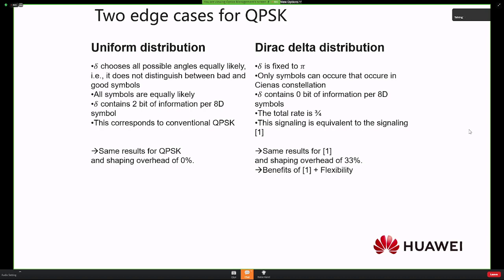What happens if we fix the distribution to the best delta that we can have? That was pi here. Then the scheme collapses again to the polarization balanced dual polarization QPSK case, and we have exactly the same rate as before. Okay.